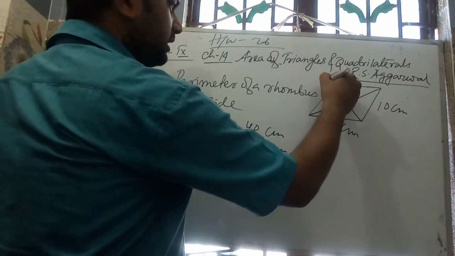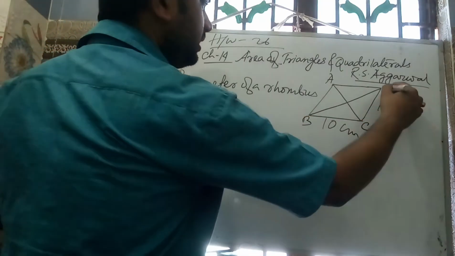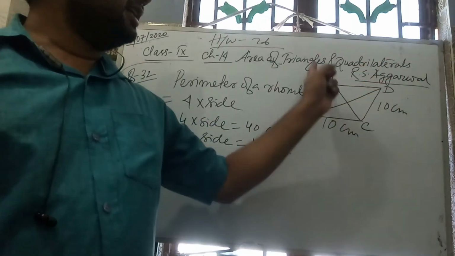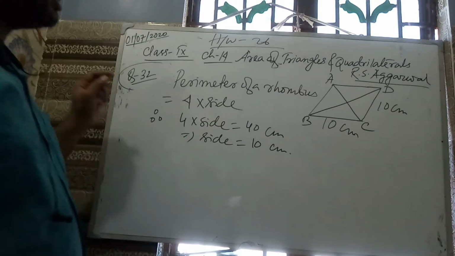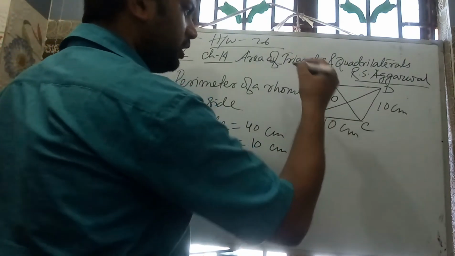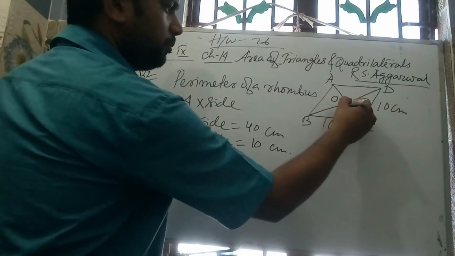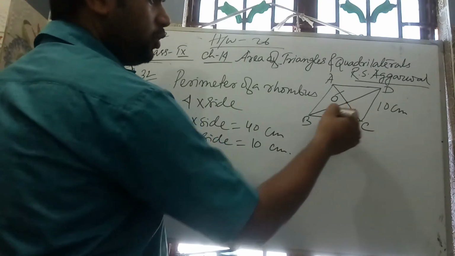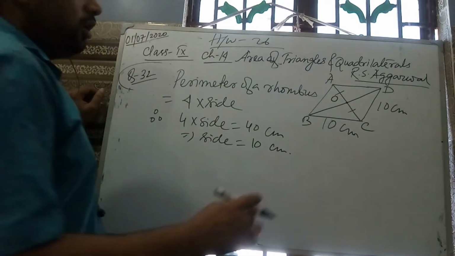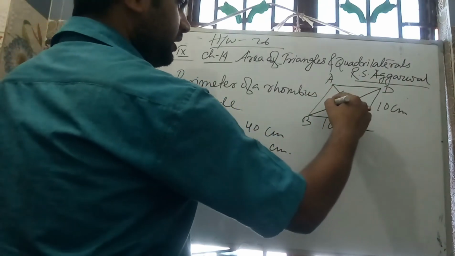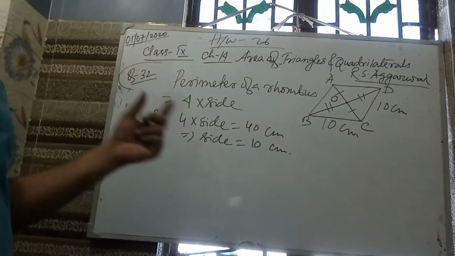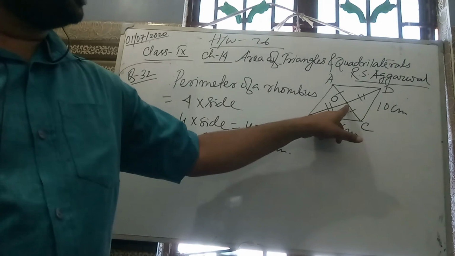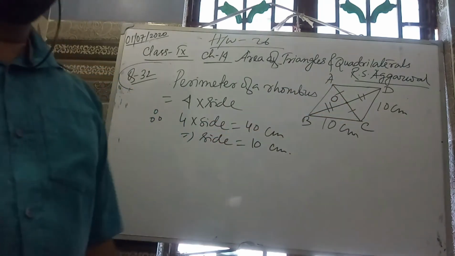If we name the rhombus ABCD, BD and AC are two diagonals, and they will intersect at point O. Then OA and OC will be equal, and OB and OD will be equal.